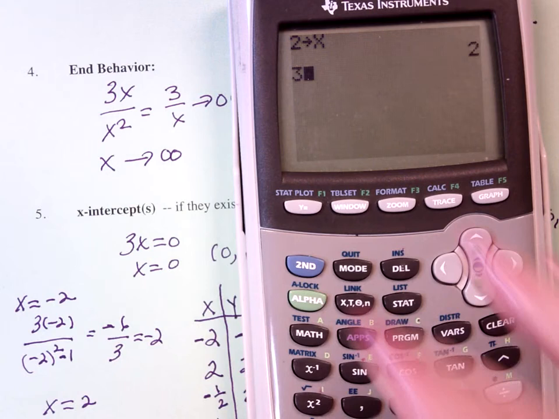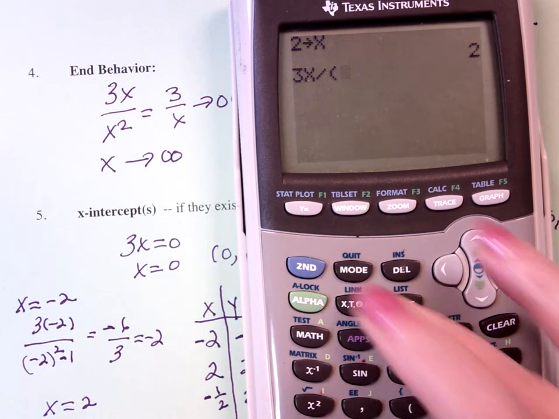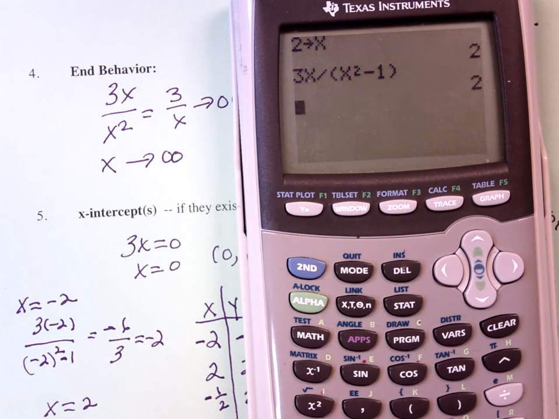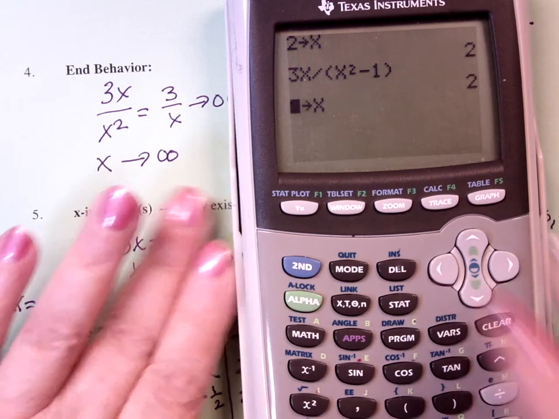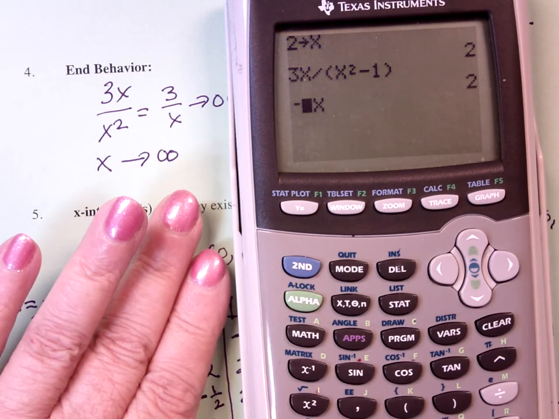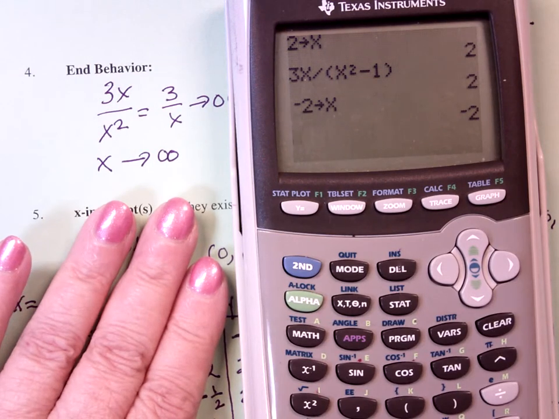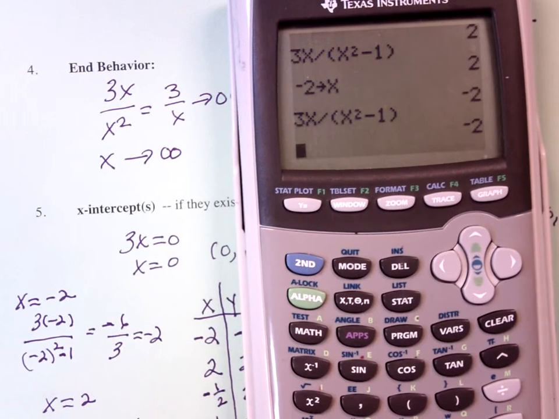So 3x divided by parenthesis x squared minus 1 parenthesis, and then I can recall back to the x and say negative 2, store x, so now x is negative 2, bring back my formula, and it'll be negative 2.